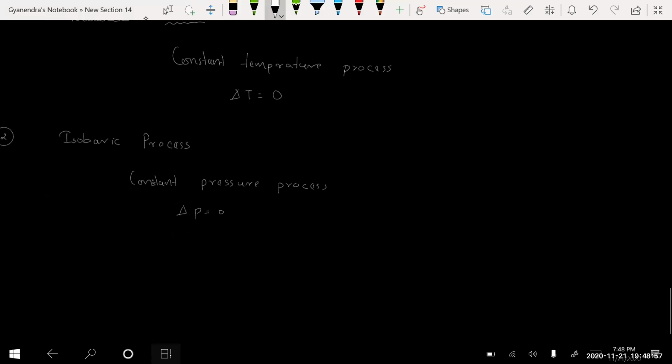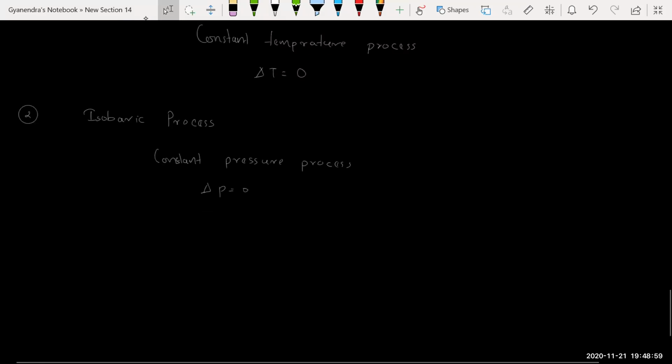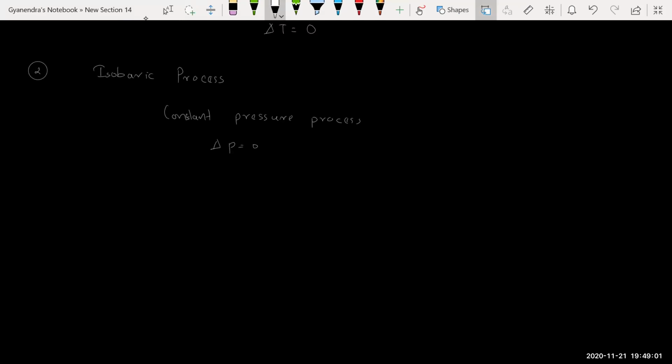The third one that we have is the constant volume process, the isochoric process. In this isochoric process, delta V is equal to 0. Volume remains constant.